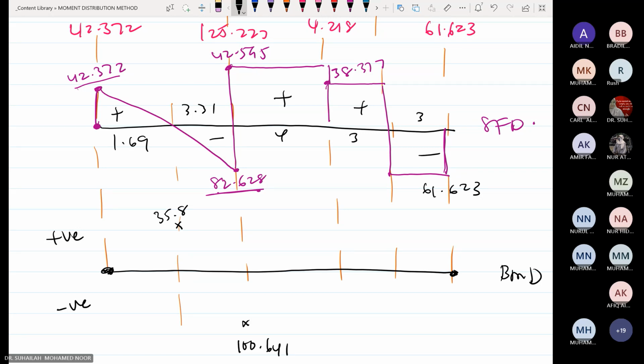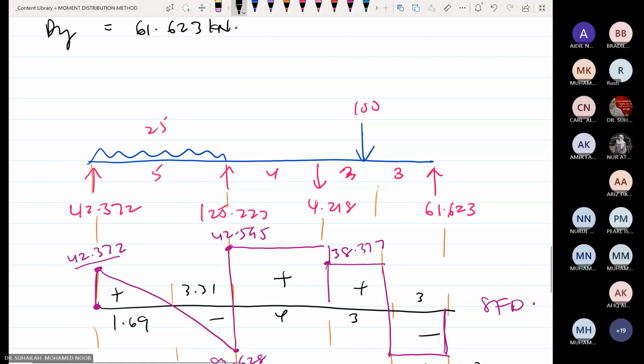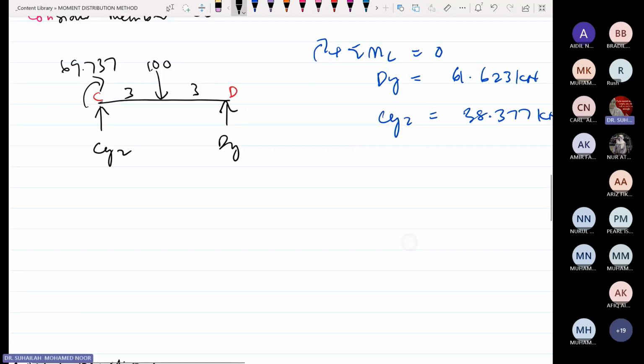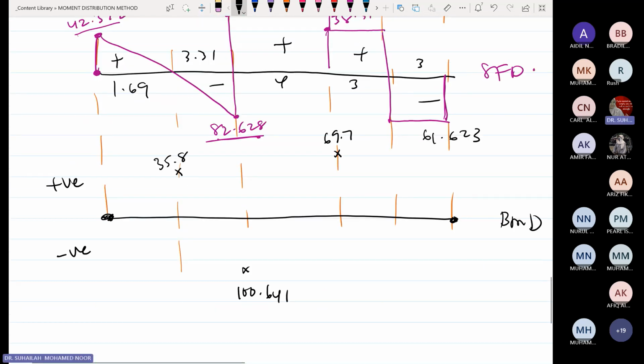69.737. 69. Sama dalam table kan? 69.74 ya.